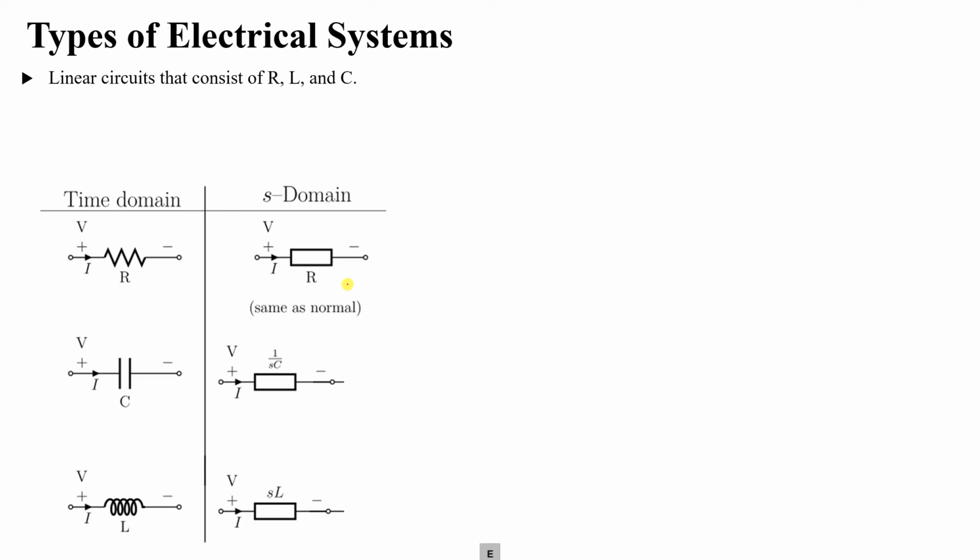So I hope you now understand how we can represent these elements R, 1 over SC, and SL in the S domain. This helps us to deal with this circuit normally without integration or differentiation, as we will see in the next lesson.